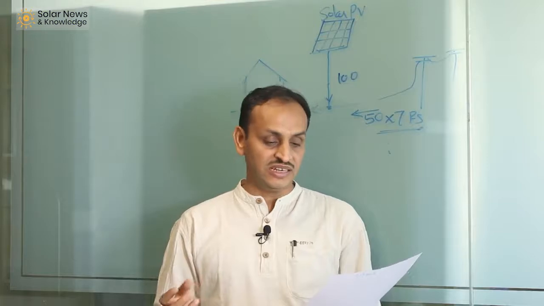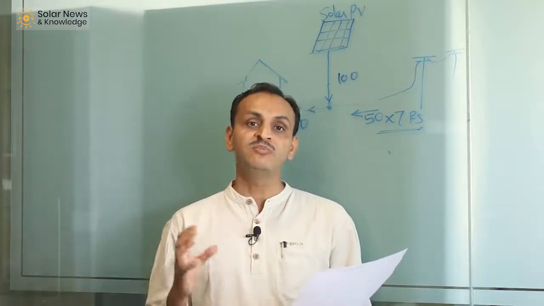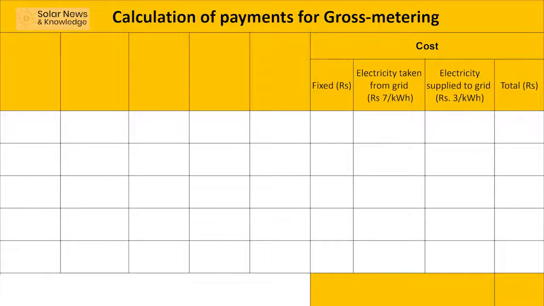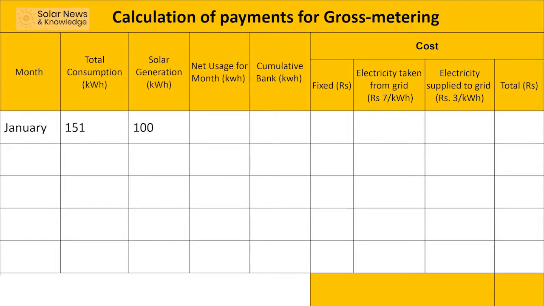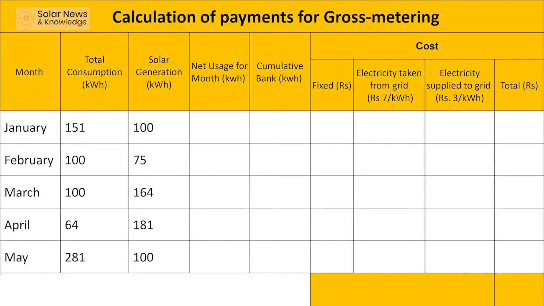Let us see what happens in net billing or gross metering. Now the total electricity consumption and the solar generation remain the same in gross metering also. Your net usage from the grid also remains the same: 51, 25, minus 64, minus 117 and 181. So minus 64 and minus 117 mean that you are exporting electricity to the grid.